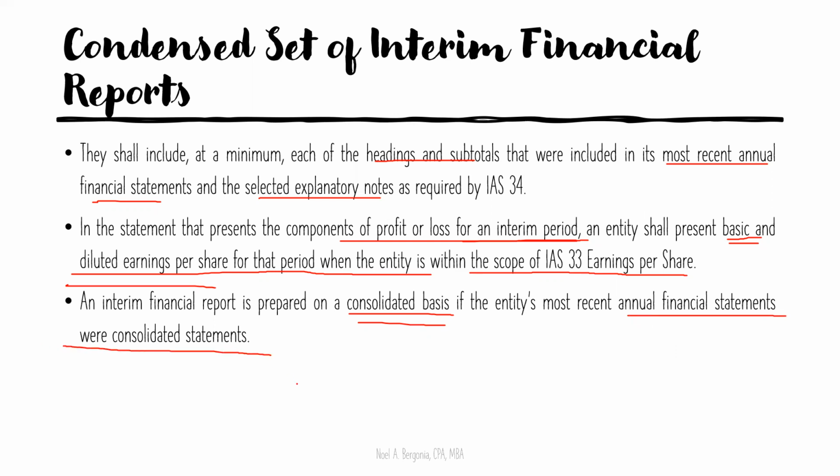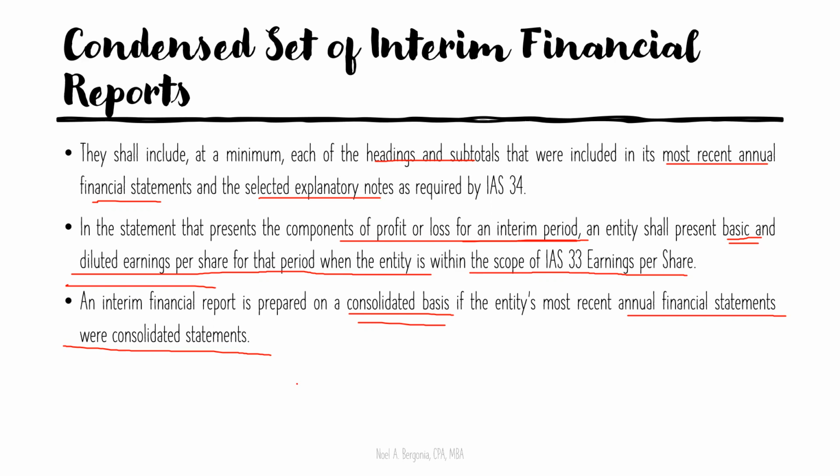So remember, in our conceptual framework discussion, consolidated financial statements are those financial statements that are produced if there is a parent and subsidiary relationship. Okay? So ayan po yung mga some guidelines, and also we will be discussing later yung sinasabi po natin na explanatory notes.